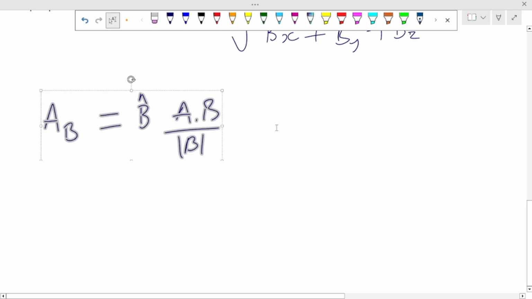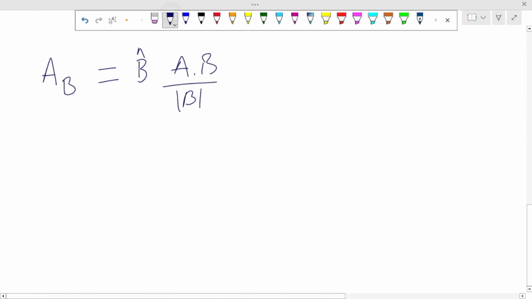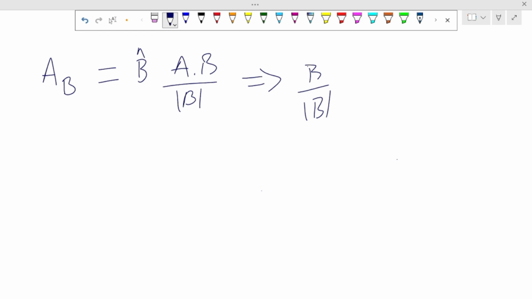Good. So now what is this? This is equation 1 now, and this is equation 2. So we just put in what they mean. So A onto B is same thing as, for that's for the unit vector of B, is the same thing as saying B divided by the magnitude of B, and we have A dot B over magnitude of B. Same thing.